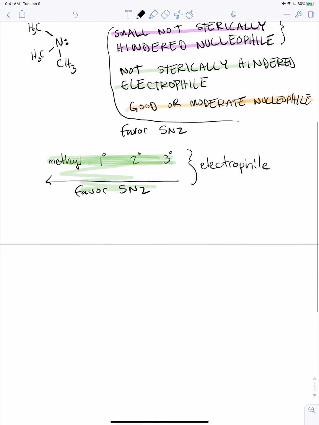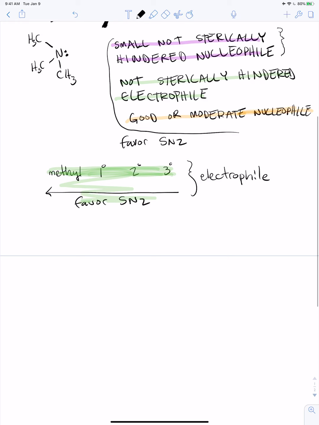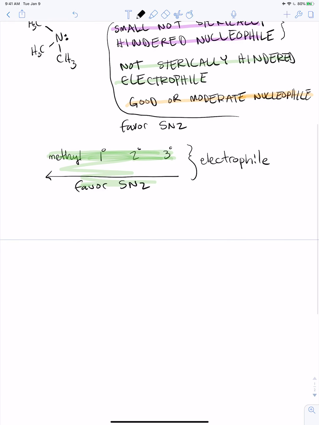Yeah, small, not sterically hindered. So this is for the small, not sterically hindered nucleophile. What do we mean by that? So most nucleophiles are fine for doing SN2. As long as it's a good nucleophile or moderate nucleophile, it can do SN2. If we want to not have it do SN2, which is sometimes the case, you use things that are sterically bulky. So for example, trimethylamine probably would not make a good nucleophile. And if we were to compare this to, say, dimethylamine, now we're looking at something that's a better nucleophile.